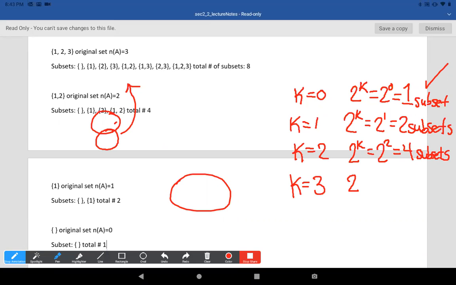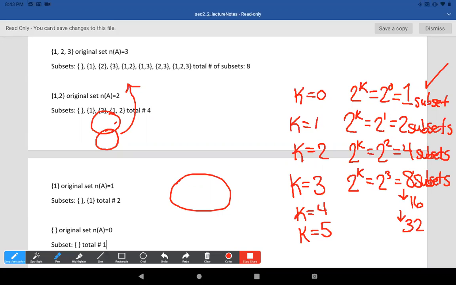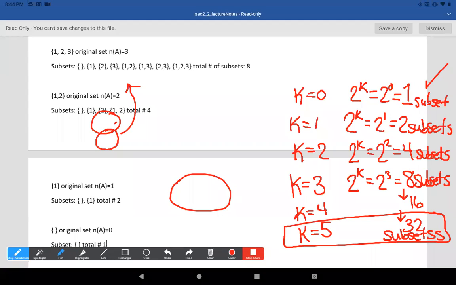So 2 to the k is 2 to the 3, and that's 8 subsets. So we can, in fact, verify it. And also, again, we're doubling. So if through our verification we just doubled every time, then when k equals 5, we should have 32 subsets, by the doubling.